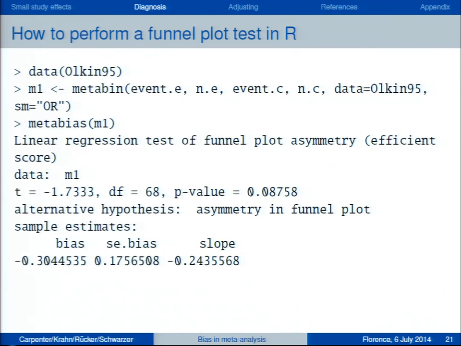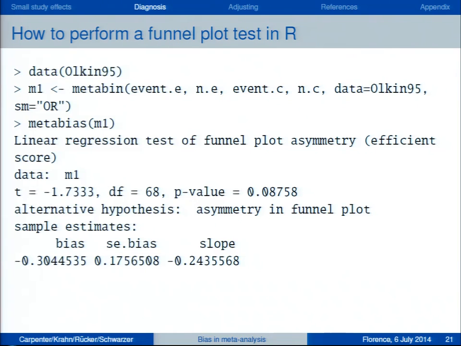And if you look at the result, we find a t-value and a p-value, and the p-value is 0.087 something. And this means that there is a hint to asymmetry in the funnel plot, because the test level used in these funnel plot tests is always 0.1, because we are somewhat liberal here.